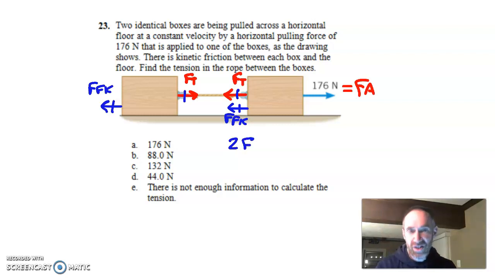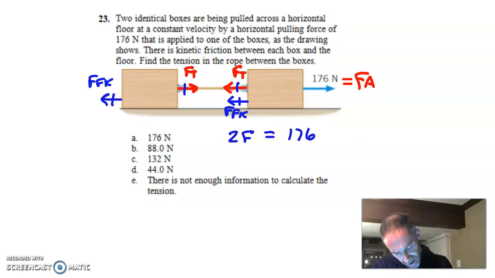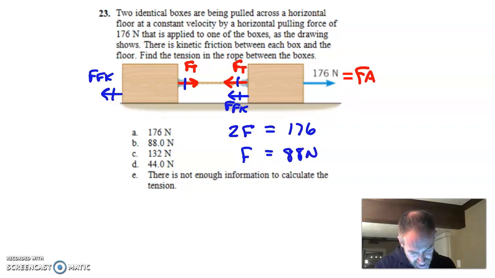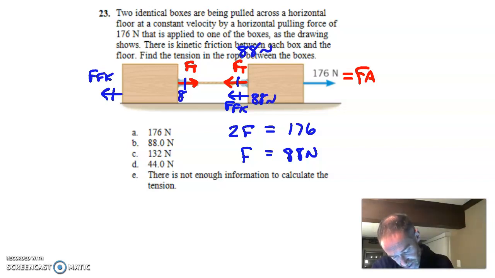One's tension, one's friction, but that's equal to 176. I know it must be because the right one is also at constant speed. So that force is going to be 88 newtons in size. So we've got 88 newtons here, 88 here, 88 there, 88 there.